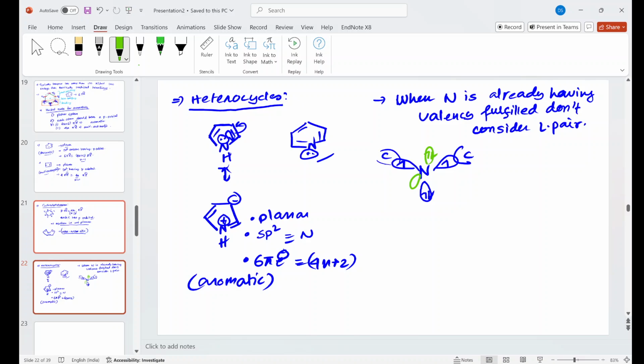And this is participating in the pi bond, so it is already participating. You don't need to consider this one. This is not participating.